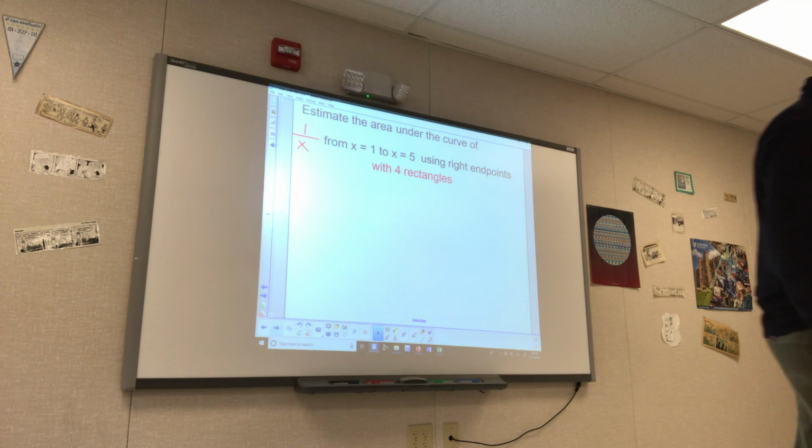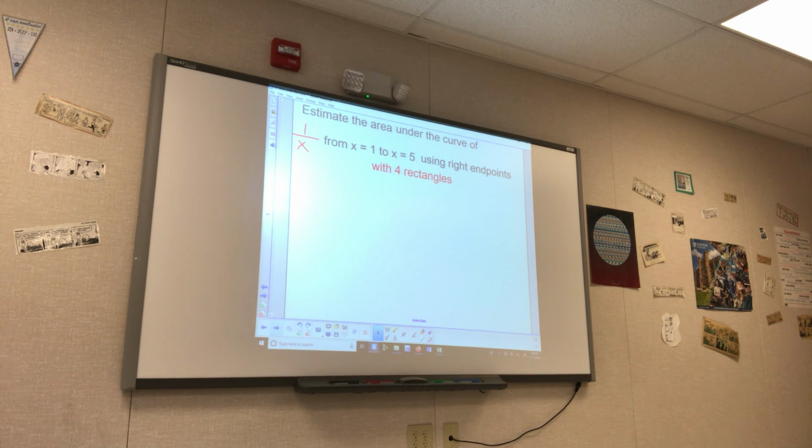All right, we got an answer yet? Where's your picture? That's an interesting picture. It's from 1 to 5. Where are your approximating rectangles?